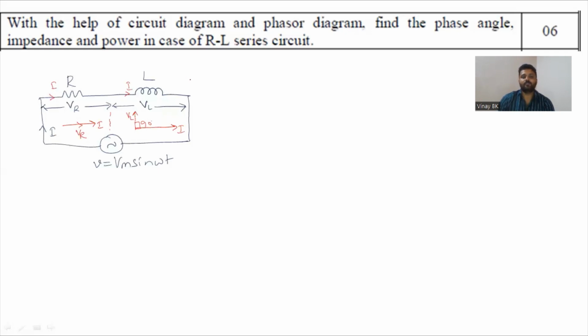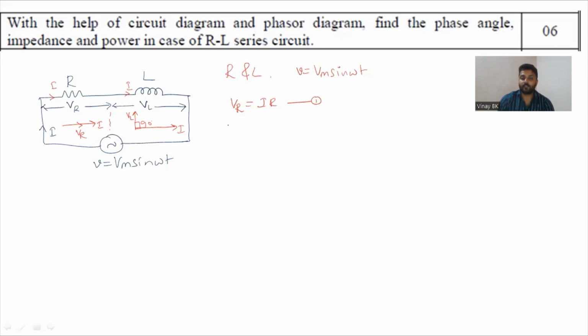Okay. So now a circuit which consists of R and L, all these you have to write in the examination, and you are applying the voltage v equals Vm sin omega t, and current starts to flow, which produces two voltages across R and across L. That is, there will be a voltage drop across resistor R and a voltage drop across inductor L. So the voltage across R, we can write as VR equals I into R. This is 1.